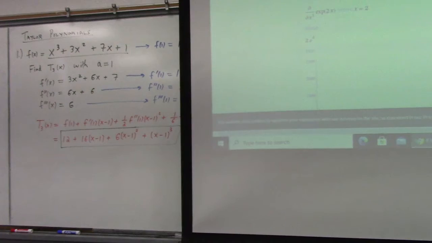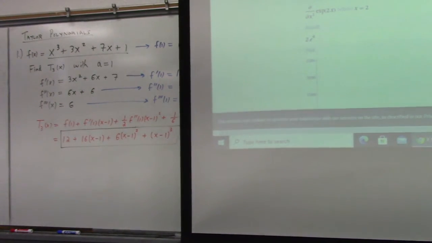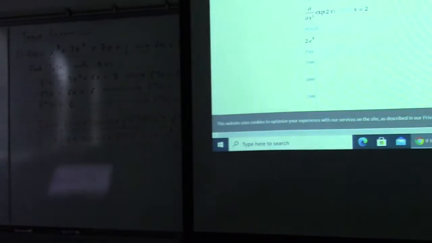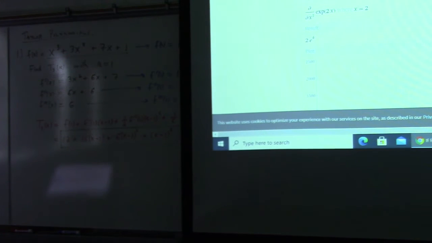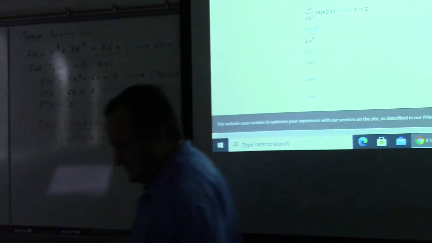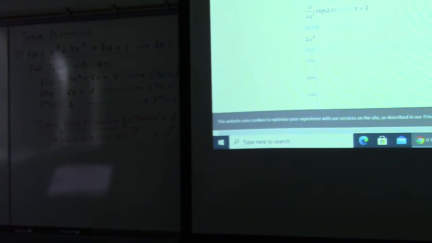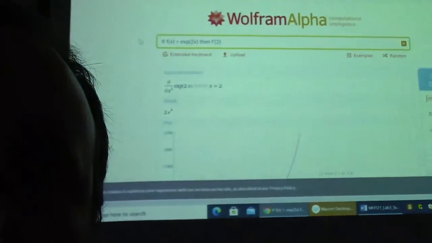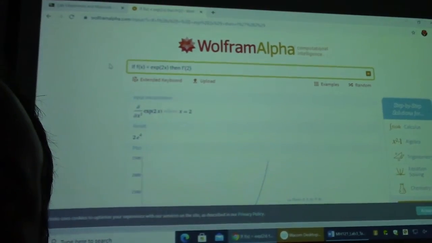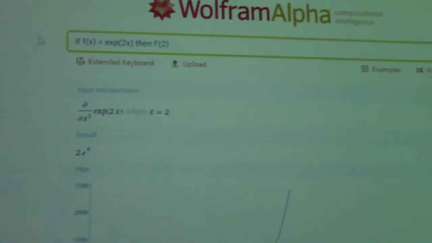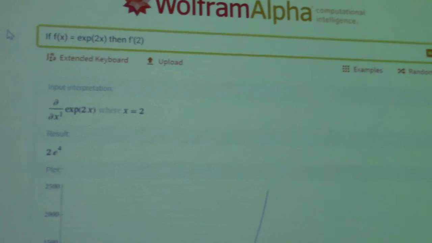So here's a syntax. Sorry guys, otherwise the camera can't quite pick up on it. If I'm using Wolfram Alpha and I want to calculate derivatives of a function, here's one way I could do it.